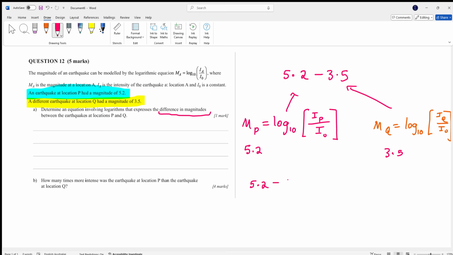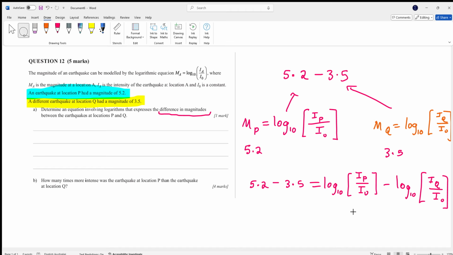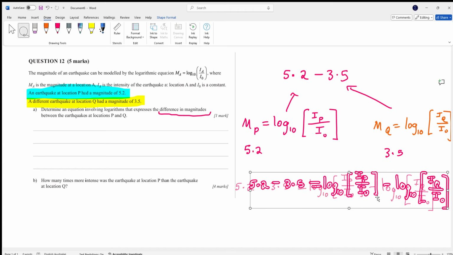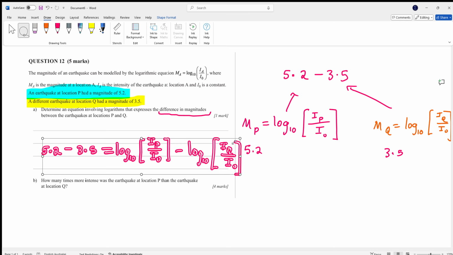So if we have 5.2 minus 3.5, that is the same as log 10 of the intensity at location P over that constant, minus log 10 of the intensity at location Q divided by that constant again. I'm assuming that's what they're looking for there, because that's an equation. Now, I think you can simplify that a little bit more.